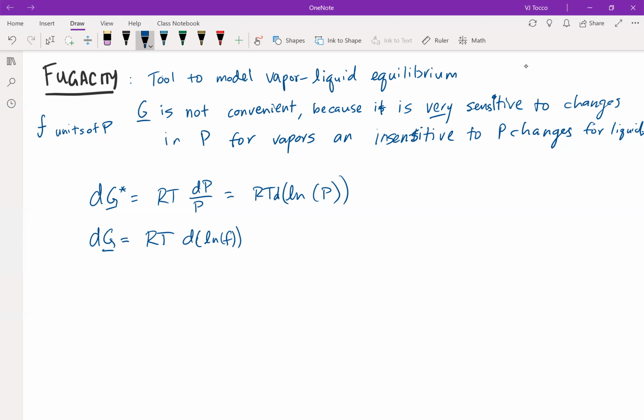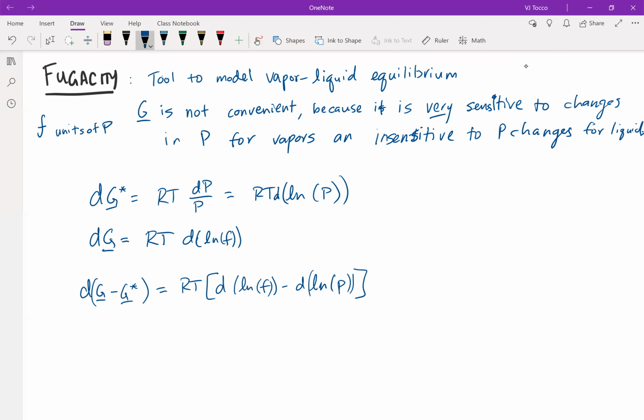Now, if we take the departure function, so that is the change in Gibbs free energy minus Gibbs free energy star, it's equal to RT, that gets factored out, d ln of f minus d ln of P. Okay, I think that's good.